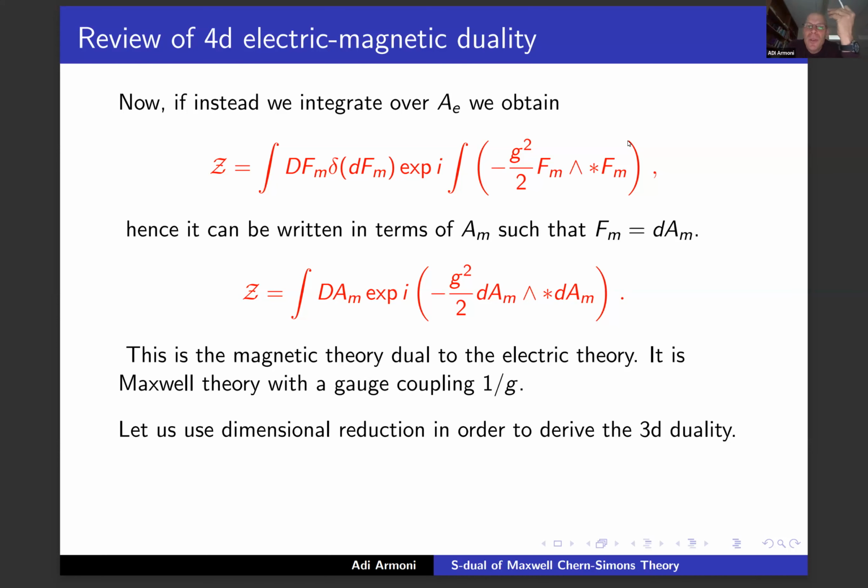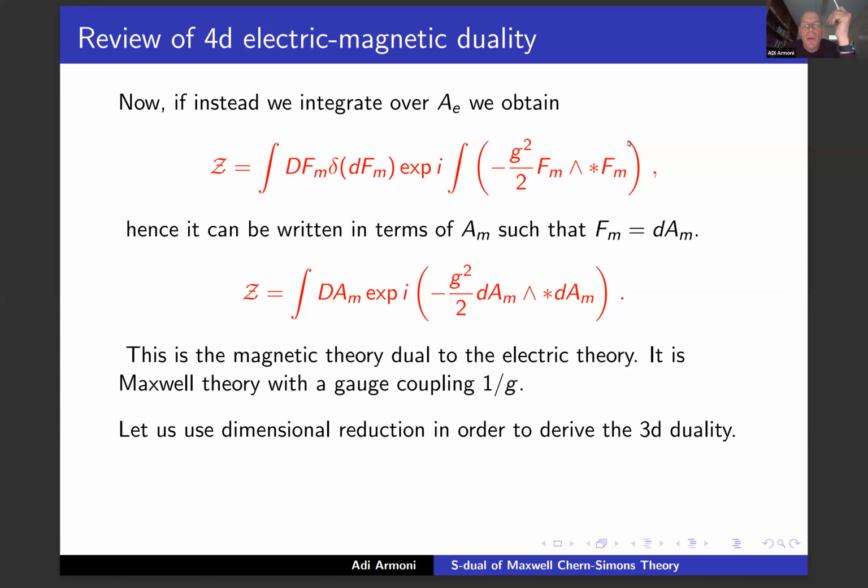So in modern language, dFm equals 0 implies that Fm can be written as dAM. And then writing the partition function in terms of AM, we get the magnetic theory. And the magnetic theory is again a Maxwell theory, but this time with a coupling 1 over g instead of g.